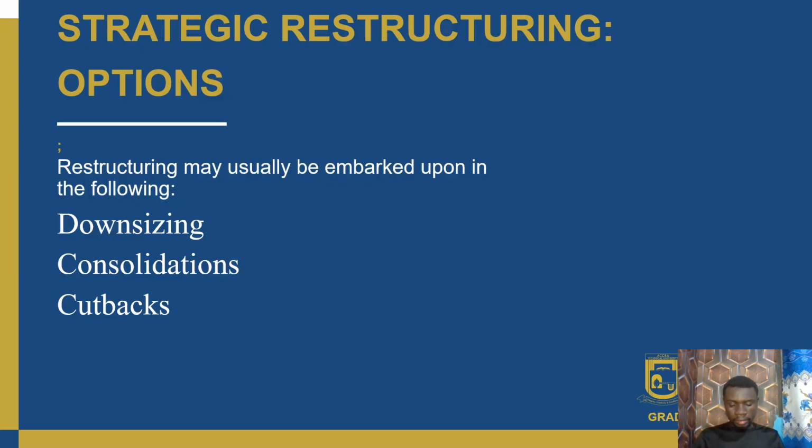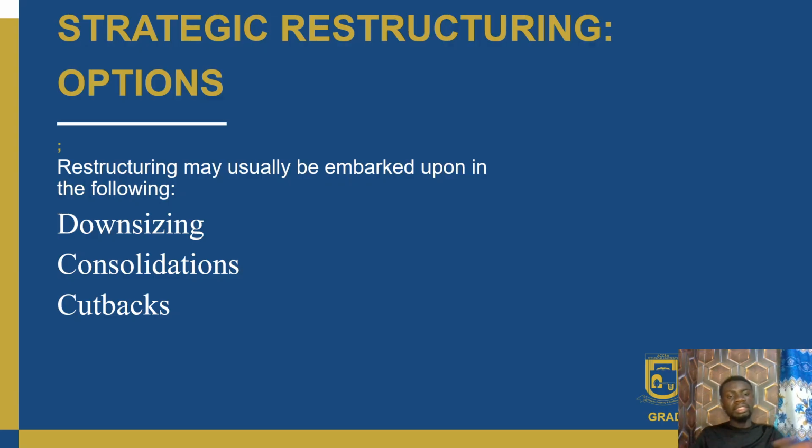Let me look at cutbacks. It also refers to the reduction of expenses, workforce or operations as part of a company's effort to improve efficiency. So you can see that they are almost the same thing.